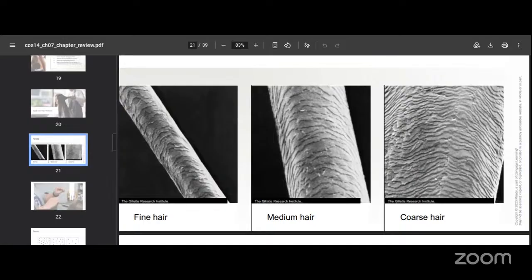Fine hair does not have a lot of cuticle to protect the cortex on the inside, so chemical processes are going to be really fast on fine hair. On coarse hair, those chemical processes have to go through all of these cuticles, so the timing will be elongated.